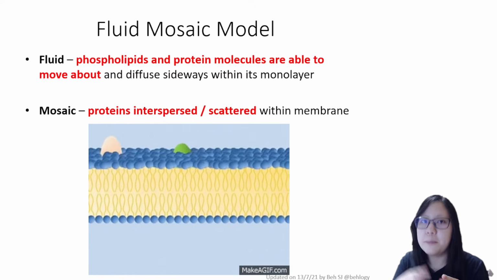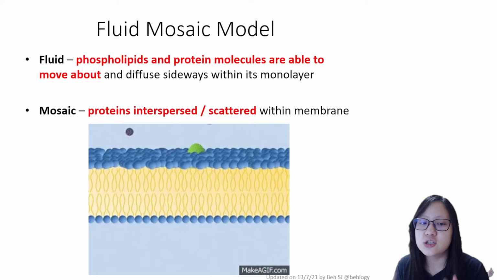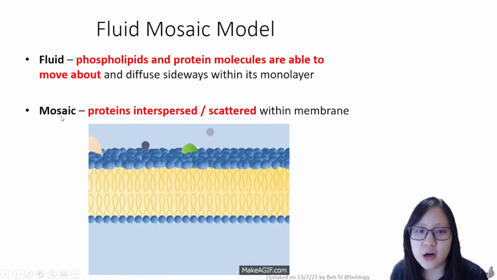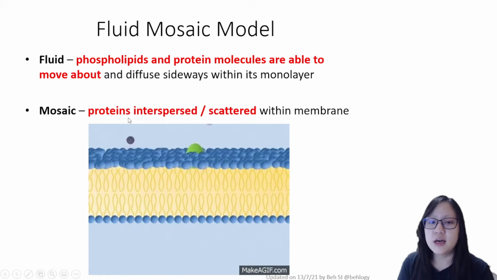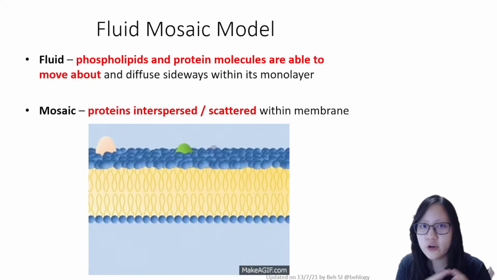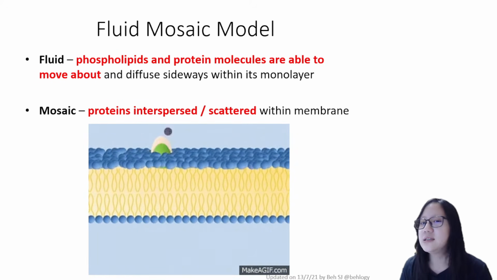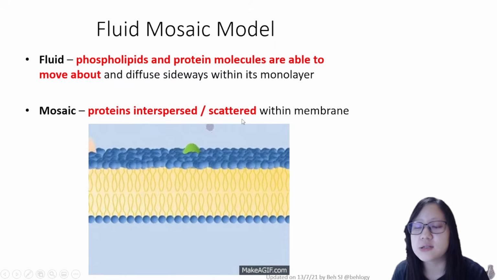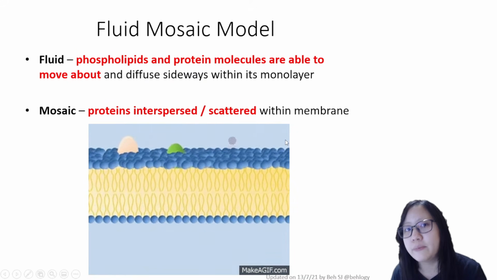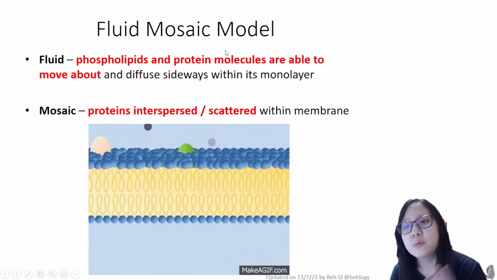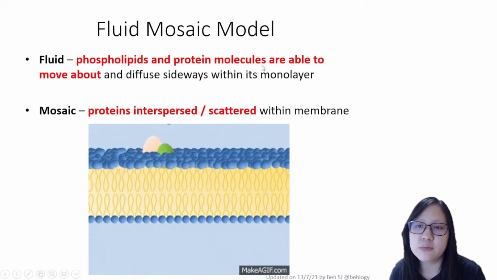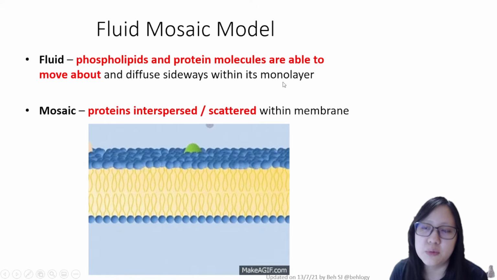It will be quite bumpy, and this would give rise to a mosaic kind of pattern. These bumpy bits on the cell surface membrane are basically proteins interspersed or scattered within that membrane. So this gives rise to the term fluid mosaic model. Our cell surface membrane follows the fluid mosaic model.